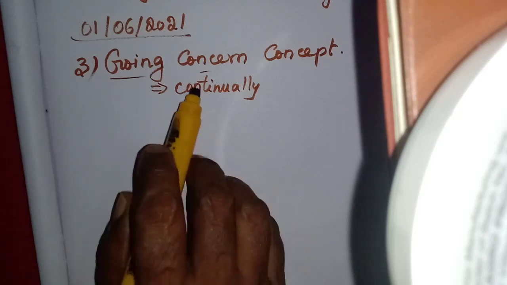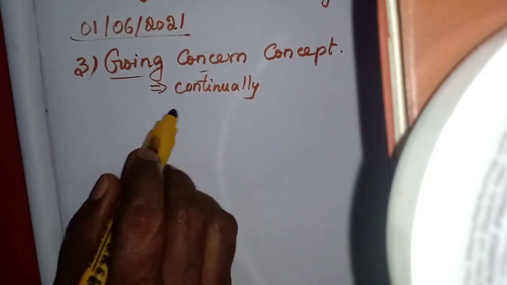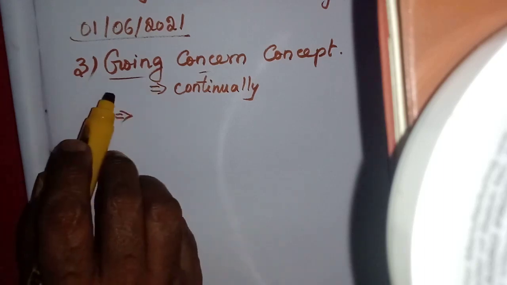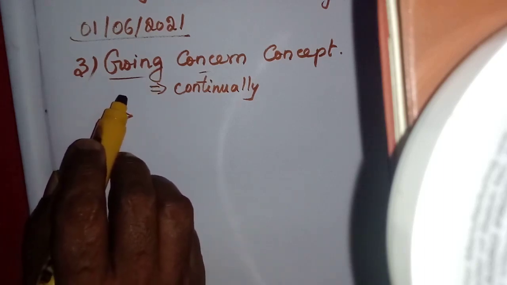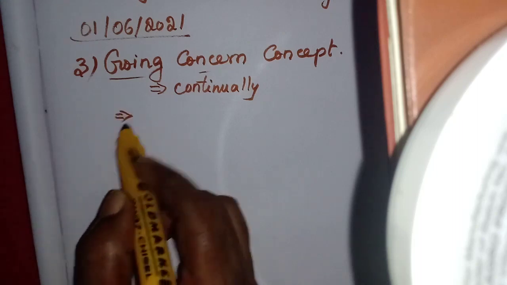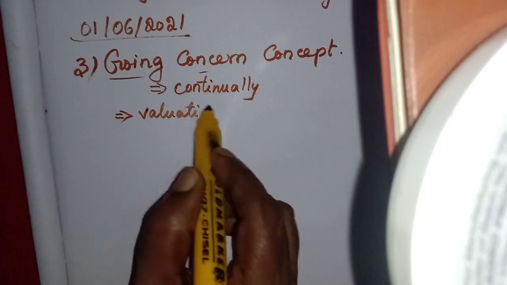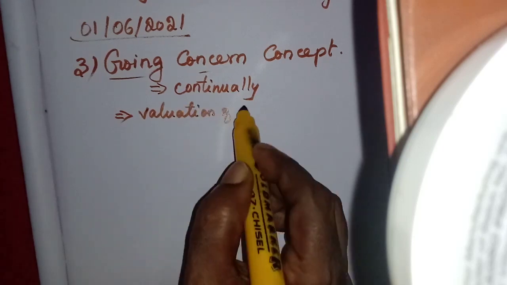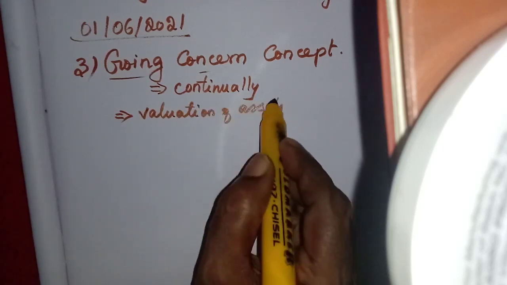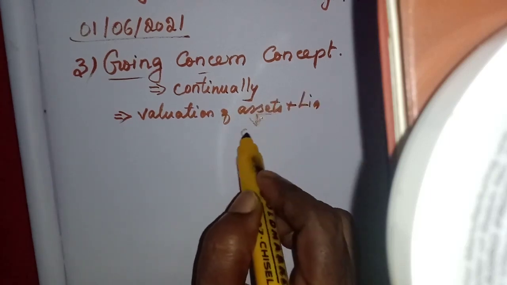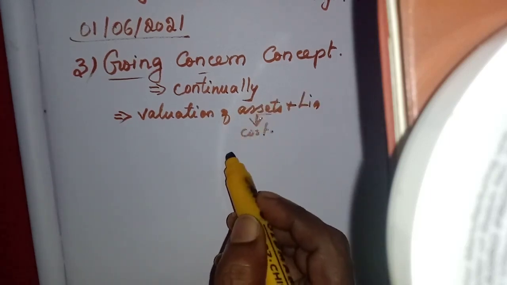Because of this assumption only, it has some influence in the accounts. For example, the valuation of assets and liabilities. The valuation of assets and liabilities we will learn in the other concept. These assets will be recorded at their cost price.